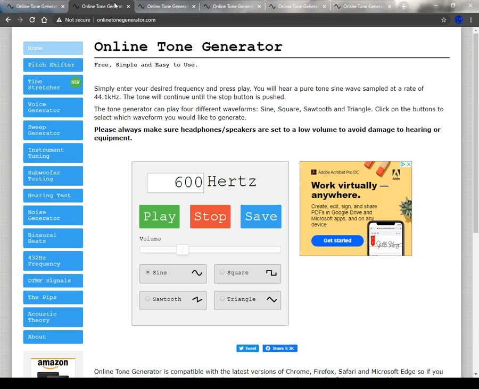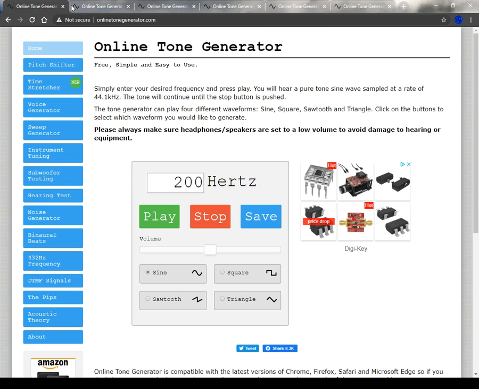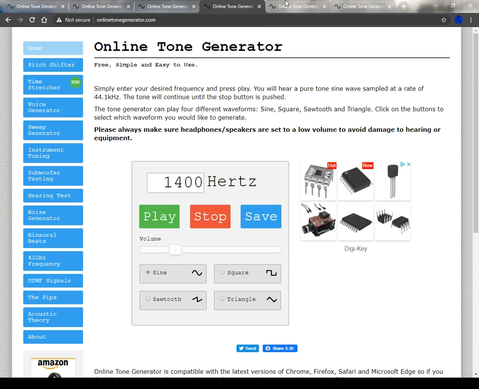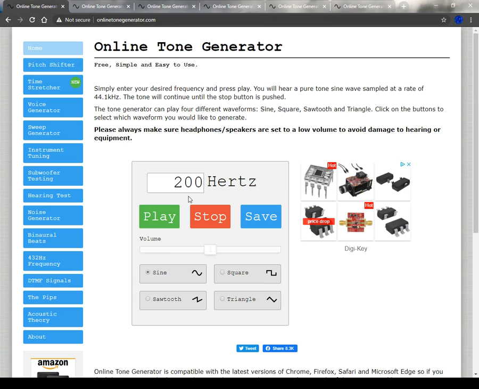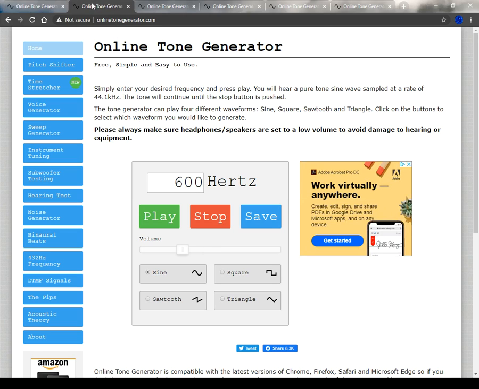And so what I've done here is I've opened up multiple tabs, and each tab has a different harmonic of a closed tube. So we're working on 200 hertz. The third harmonic would be 3 times 200, which would be 600. The fifth harmonic would be 200 times 5, which is 1,000.